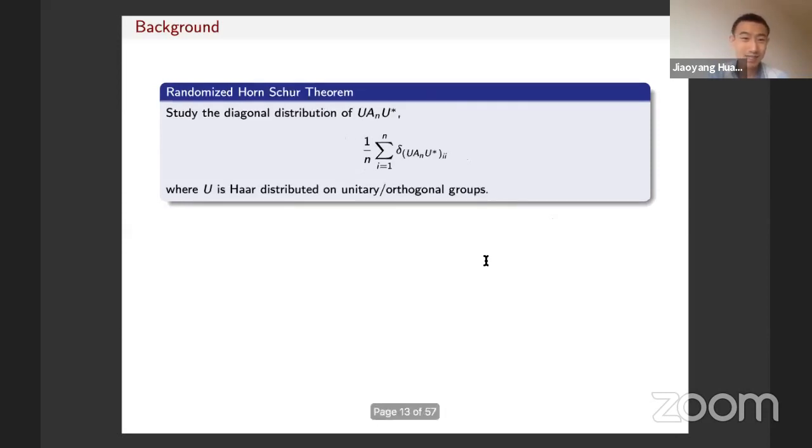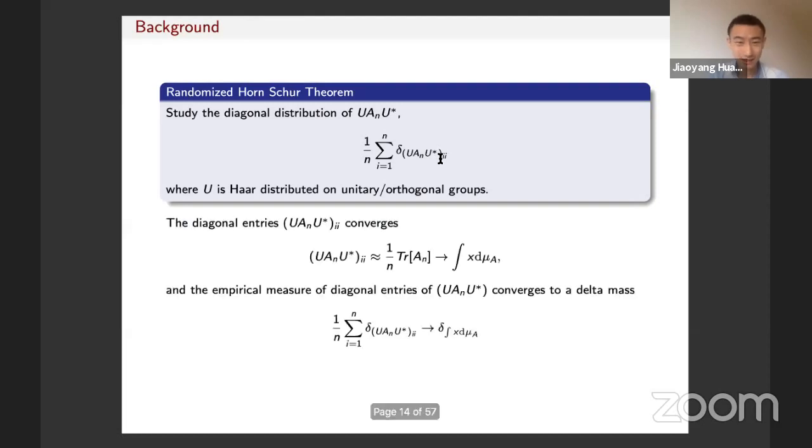And similarly, we consider the randomized Horn-Schur theorem, which is to study the diagonal distribution of the matrix U An U star, where U follows the Haar distribution on the unitary or orthogonal group. We want to study the empirical measure of the diagonal entries, so 1 over n, sum over delta of the i-th entry of U An U star.